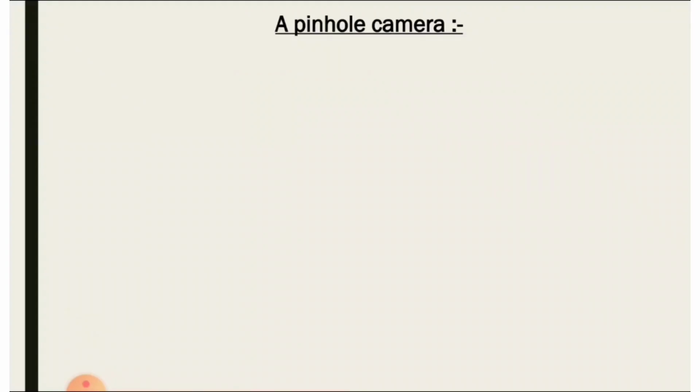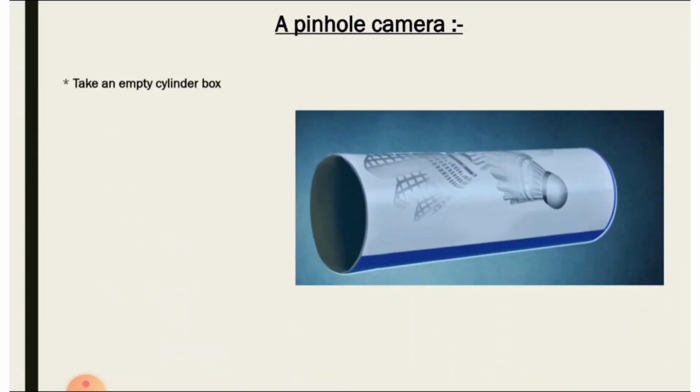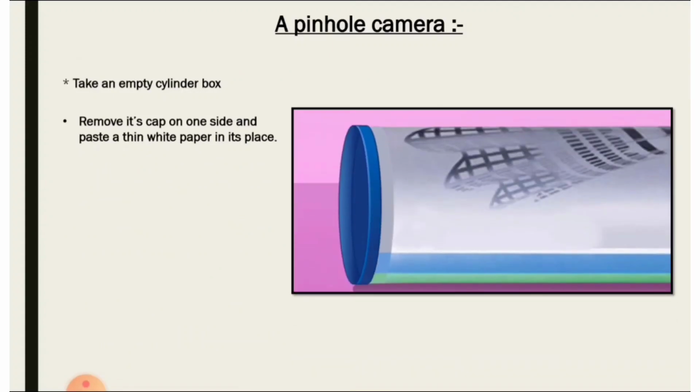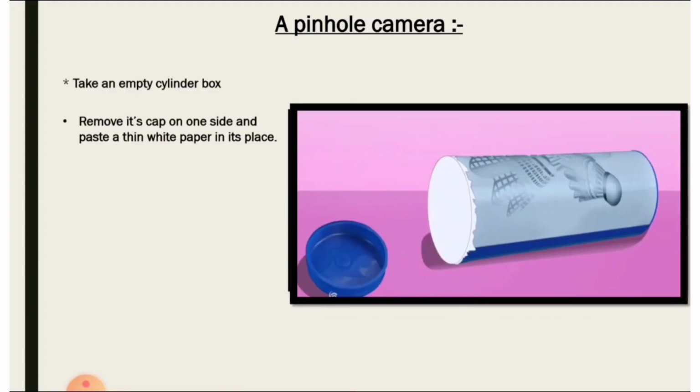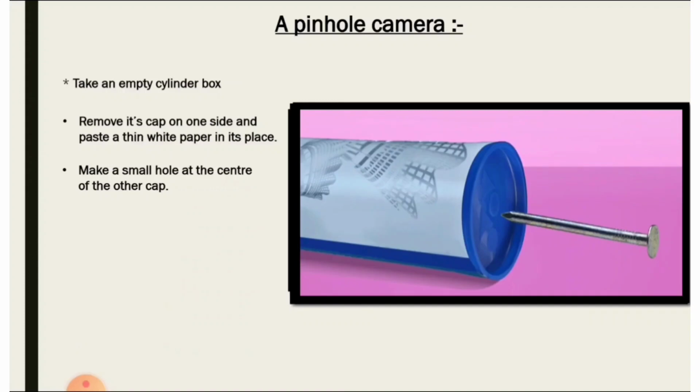Now, take an empty cylinder box. Remove its cap on one side and paste a thin white paper in its place. Make a small hole at the center of the other cap.